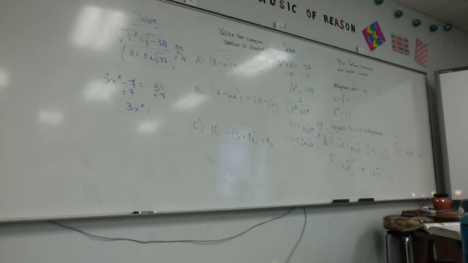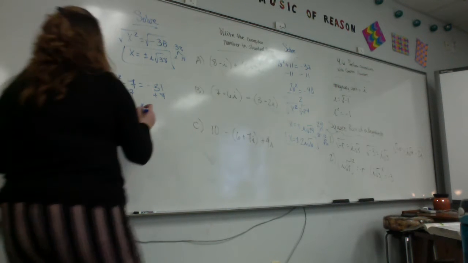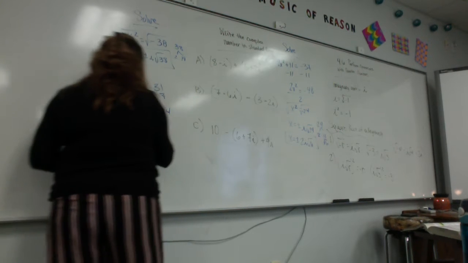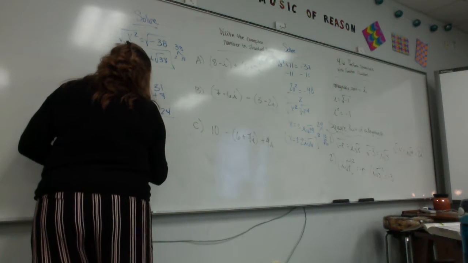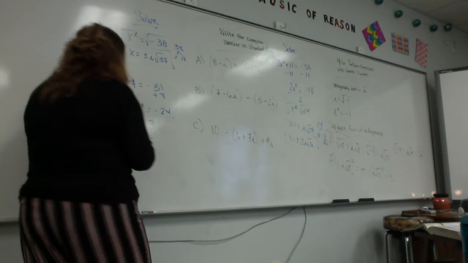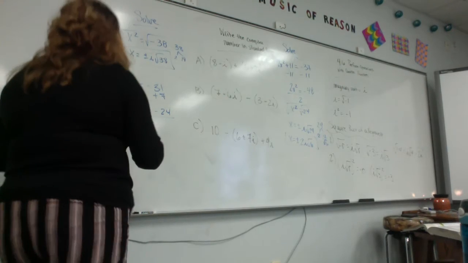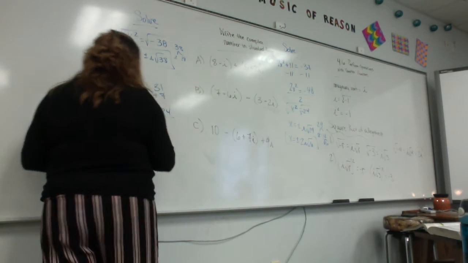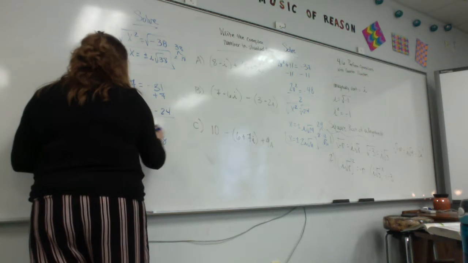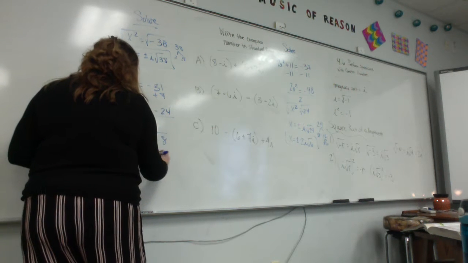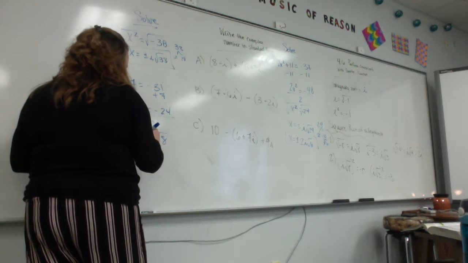Negative 24. And then what do I need to do? Divide by 3. So x squared equals negative 8. Now what do I do? Take the square root. And I get x equals plus or minus what?